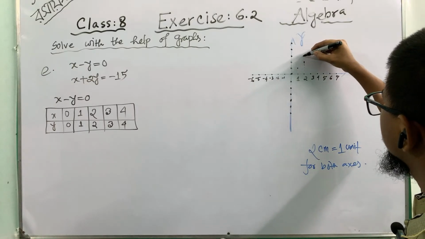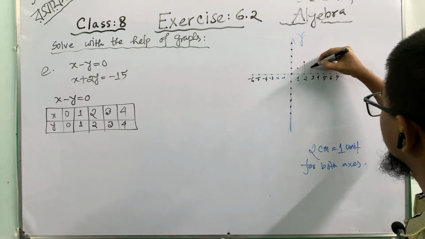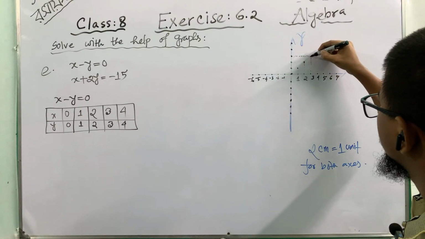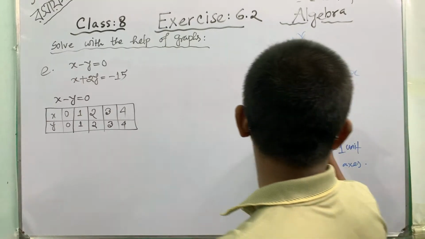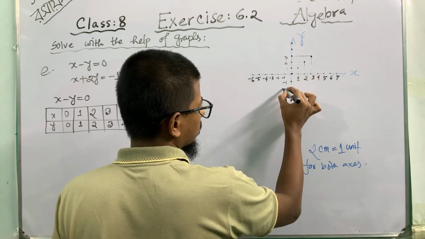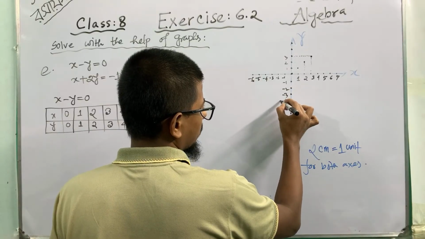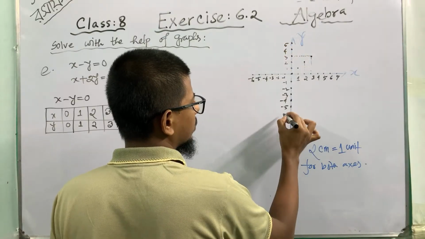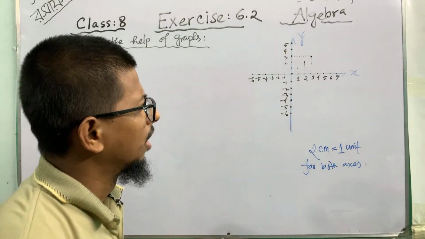Similarly, for x equal to 3, y equal to also 3. So this is 1, this is 2, this is 3, this is minus 1, minus 2, minus 3, minus 4, minus 5. This is 4, this is 5, this is minus 6.